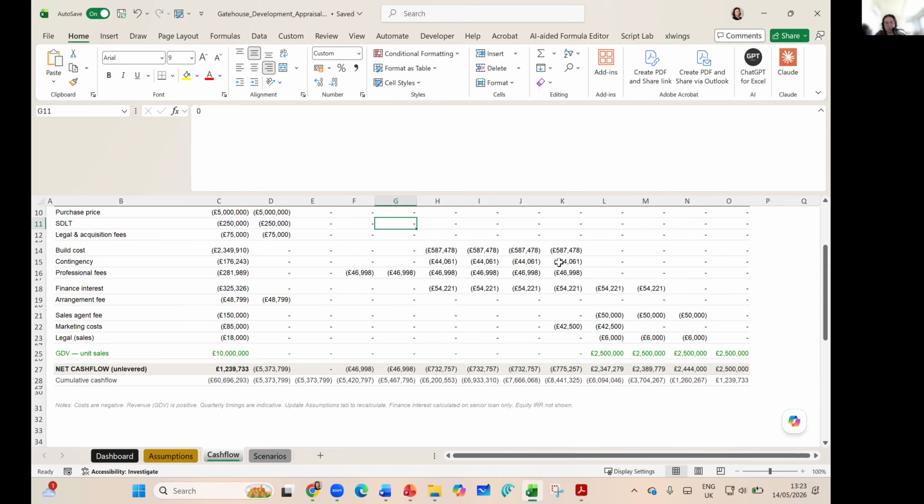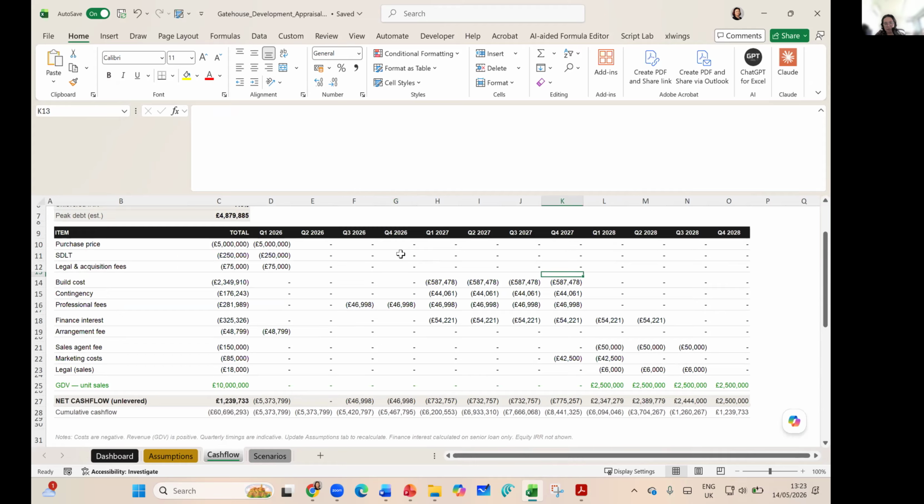Also, in terms of cash flow, what we need to be careful of is that this model, all models in AI, are not flexible. Once you get the assumptions, for example the build cost, it is going to be over 1 year, and it doesn't go to the right or to the left.